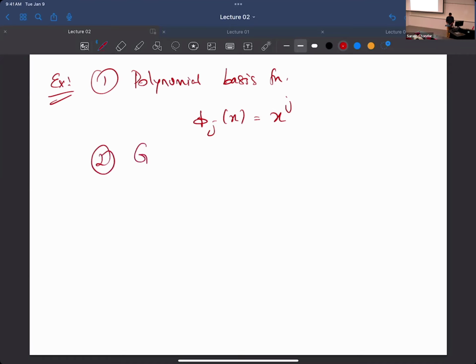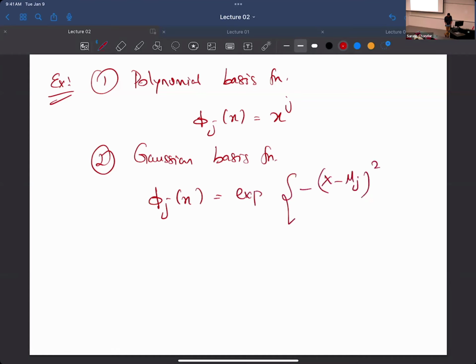For example, you could use the Gaussian basis function. The Gaussian basis function is going to look something like this. phi j of x is going to be exp of minus (x minus mu j) the whole square by 2s square, where mu j and s are hyperparameters of this basis function.